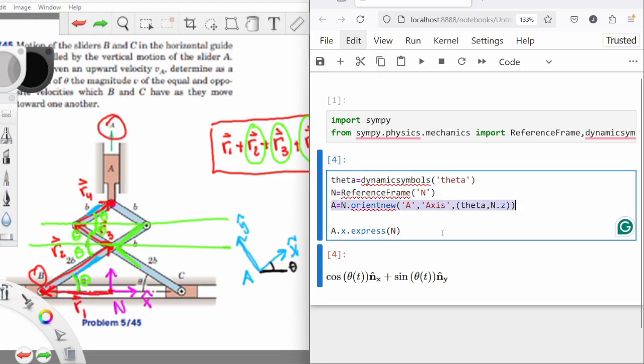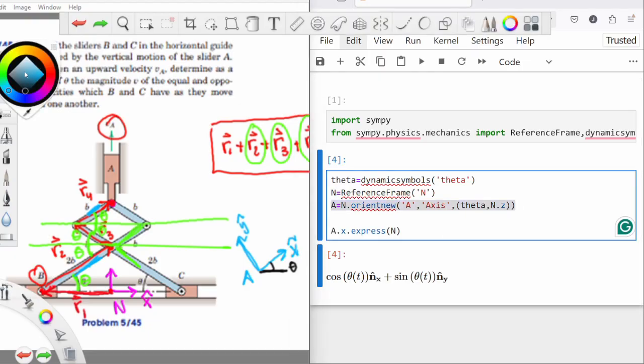And we can do the same for a reference frame that is rotated negatively, so something that goes down. Also a rotation of theta, so we use the same variable.